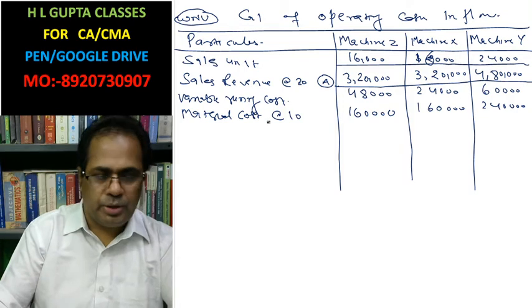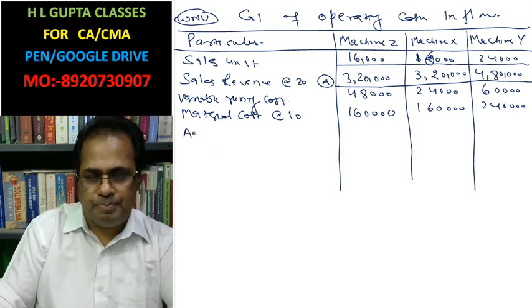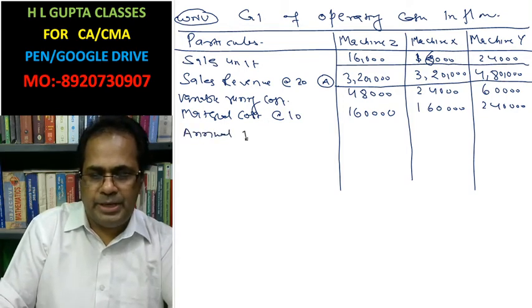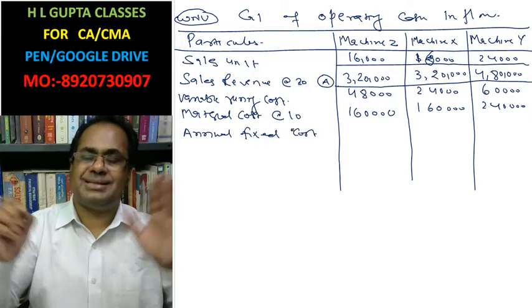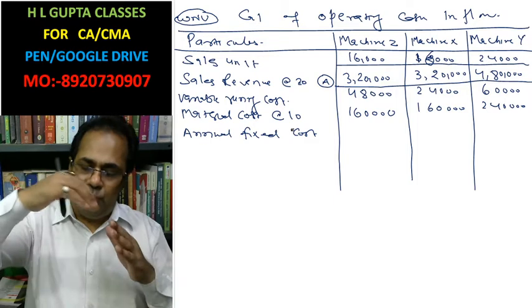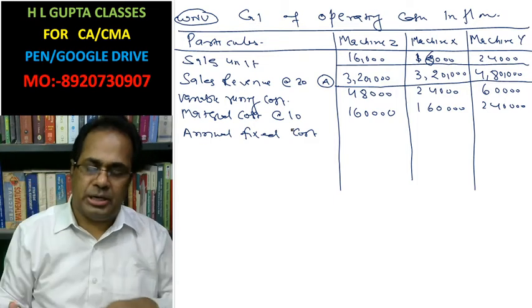Now annual fixed cost. This cost already includes depreciation, which means we need not add depreciation separately.